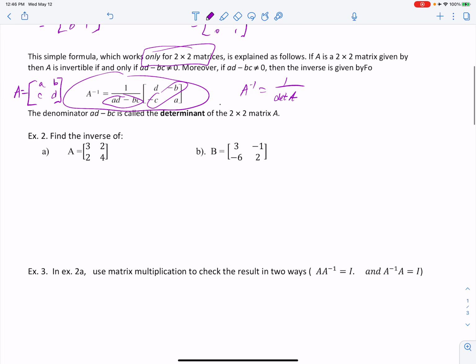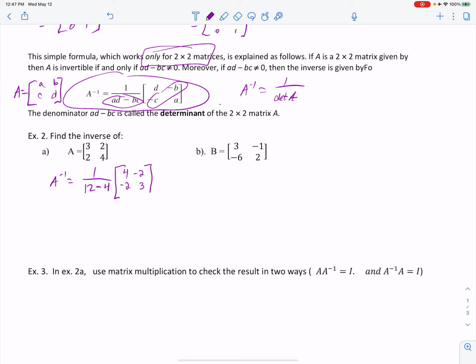So find the inverse of A. Well, A inverse is going to be 1 over, and that's where you take this product minus this product. That's how you find the determinant of matrix A. And then it is times, you take matrix A and you switch the 3 and the 4, and you negate the other column.